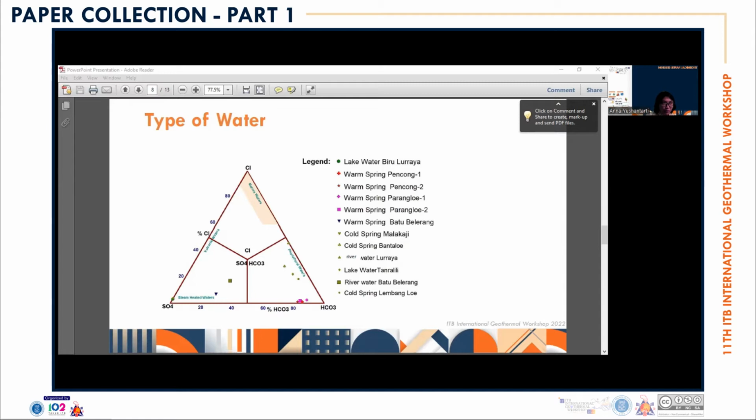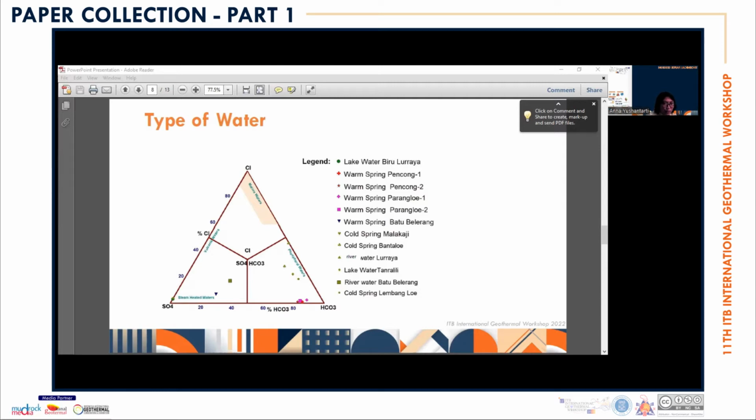This manifestation can be a reservoir fluid that has undergone a lot of mixing with surface water. The bicarbonate concentration of the Pencong Paranglo warm springs was around 146 to 172 milligram per liter.